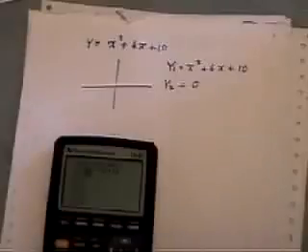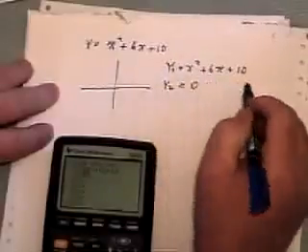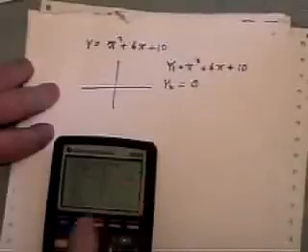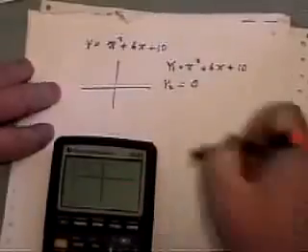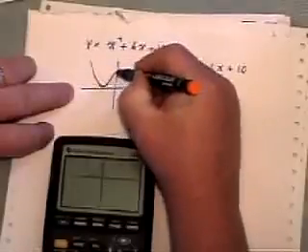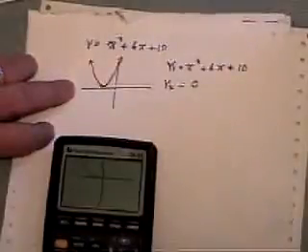Okay, here what I've done is I've changed a plus 9 to a plus 10. I put those two equations in the calculator, and when I press the graph button, what happens is the graph comes along like this, and it doesn't cross the x-axis at all.